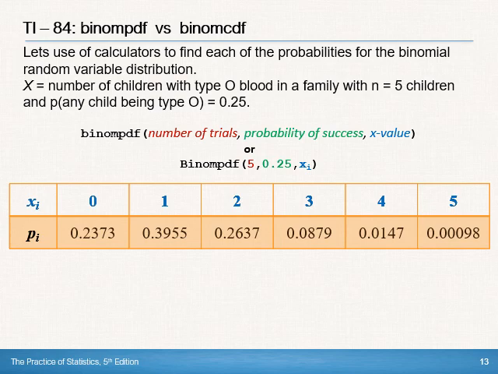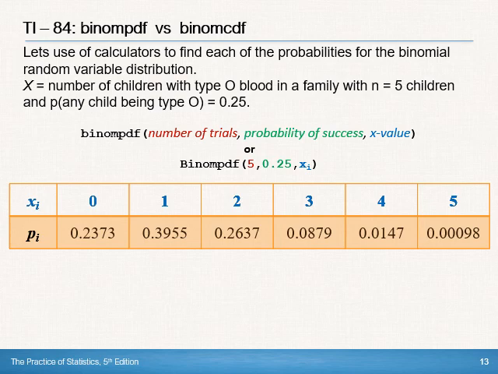Remember, on your calculator, once you pick up a binomial PDF and put in your 5 and then your p-value of 0.25, and then your x, let's say you did 0, after you've run that on your calculator's home screen, hit second enter, and it recalls the previous command that you ran.